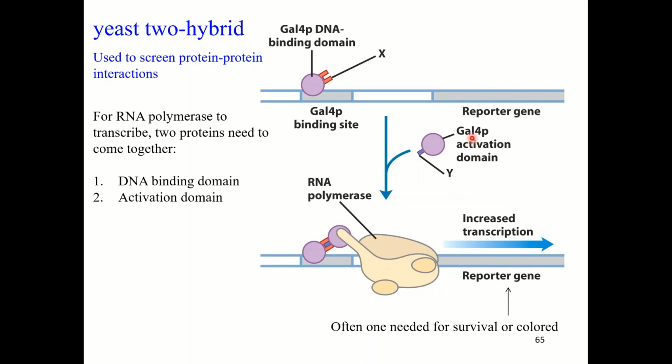Next, we have our Gal4 activation domain bound to our protein Y. And when protein Y and protein X interact, what that does is that brings this activation domain very close in proximity, and now our RNA polymerase can form here, and then that reporter gene is going to be transcribed, expressed. The reporter gene is often one needed for either survival, or it's a gene that will color the yeast.